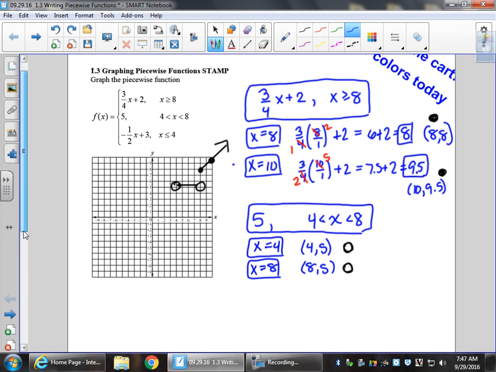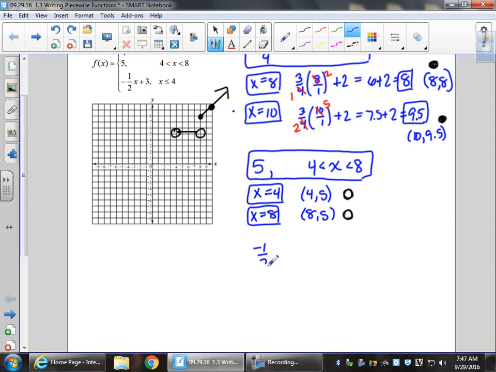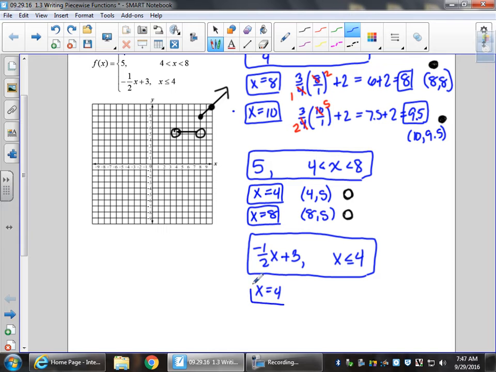Last piece. Now here I think we're going to have a little more freedom with the x value we choose. We'll see what you guys picked. What two x values should we work with? Sorry, guys.